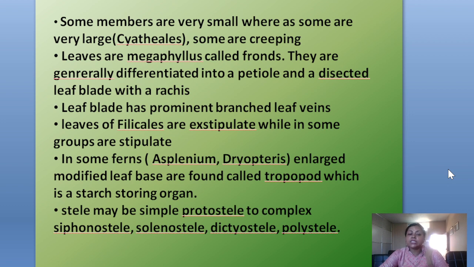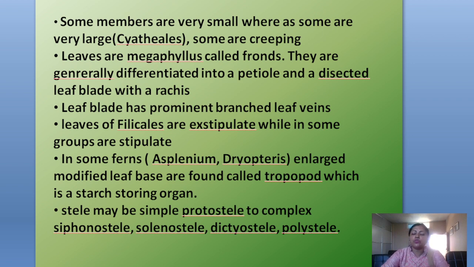So the stele is of different types. A simple protostele may be found in the primitive ones, but there are also complex types: siphonostele, solenostele, dictyostele, polystele. When we discuss the different types of stele found in the pteridophytes, I can explain this very clearly, including the special characters of the different types.